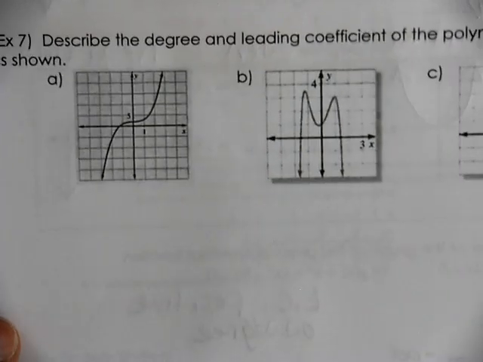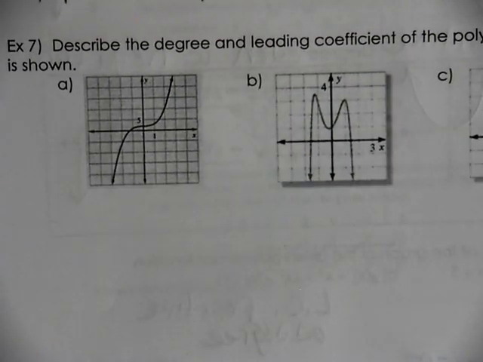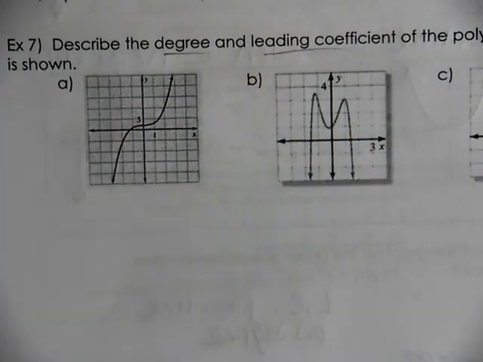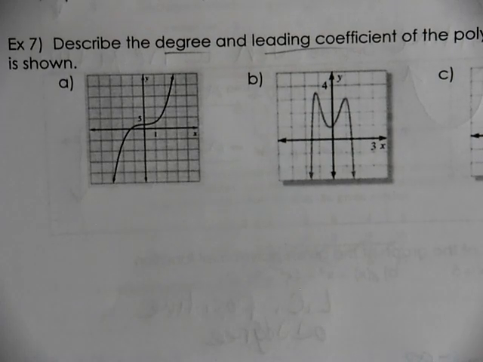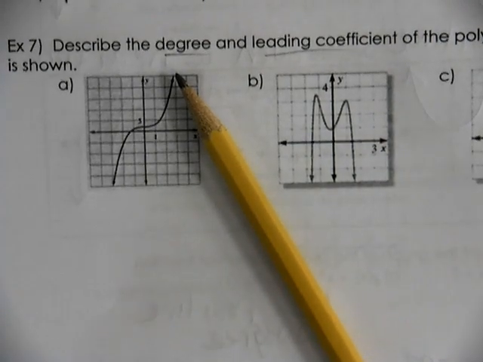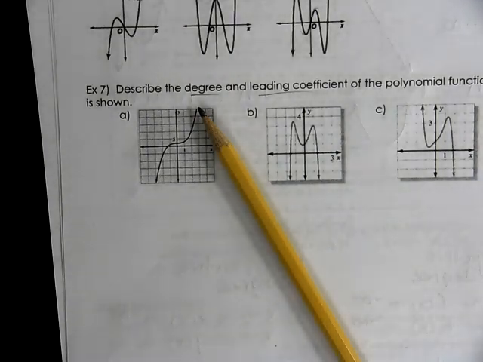So if we come down to our graphs here, what is our prediction? What is the degree? What is the leading coefficient? So pause the video, work through those 3 questions, give it a try.